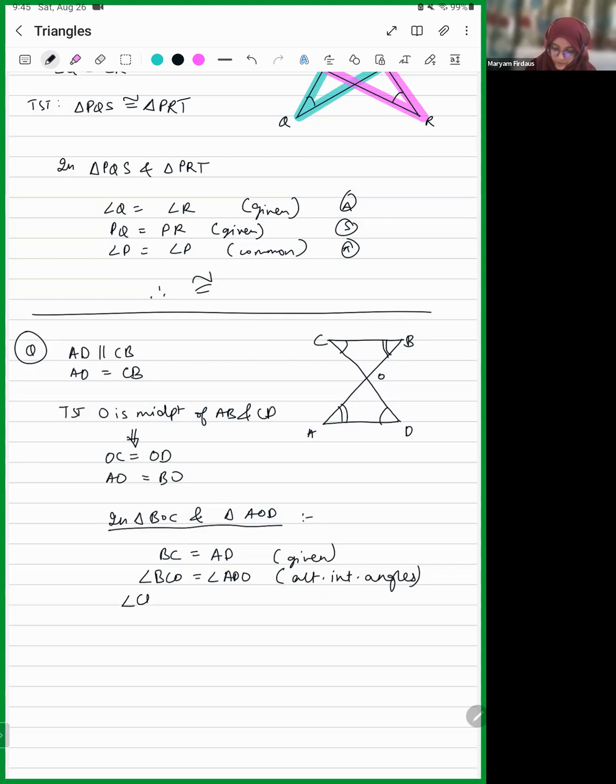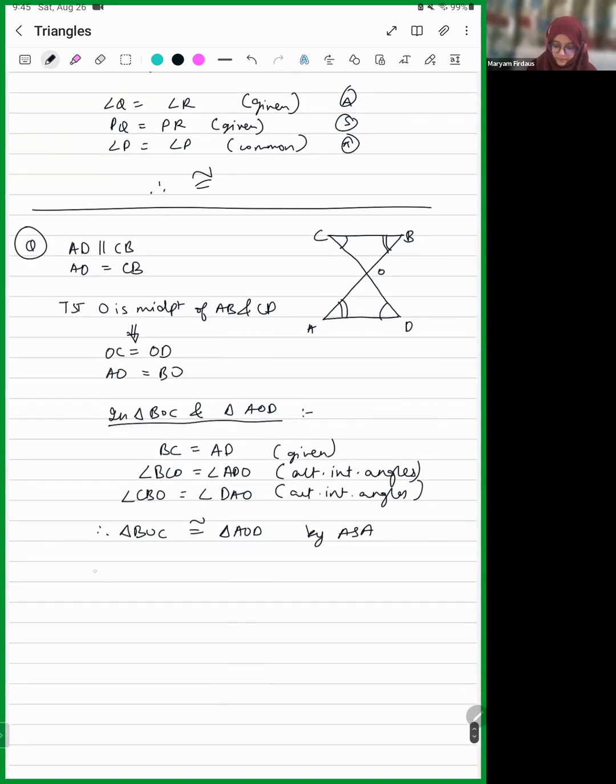Angle CBO is equal to angle DAO, alternate interior angles. So therefore, they are congruent by ASA rule. Hence by CPCT, OD equals OC and OB equals OA, and therefore O is the midpoint of AB and CD.